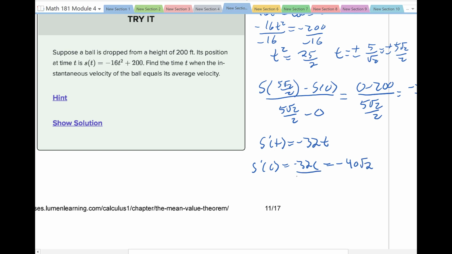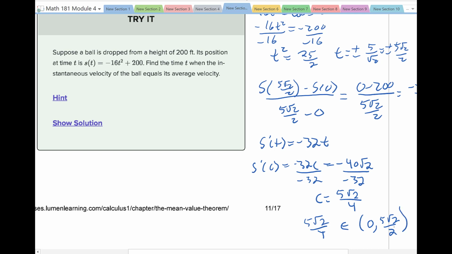We divide both sides by negative 32. c equals, and that can be reduced down to, 5 times the square root of 2 over 4. Okay, and that would certainly fall within the interval. 5 root 2 over 4 does fall in the interval from 0 to 5 root 2 over 2, because it's actually halfway in between.